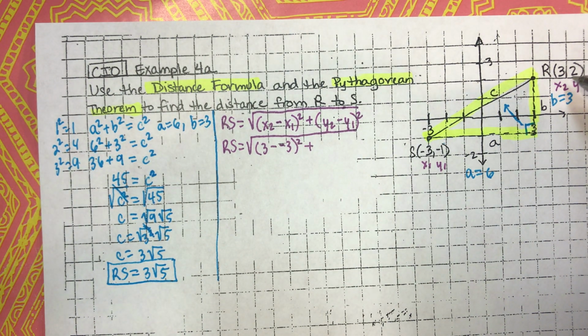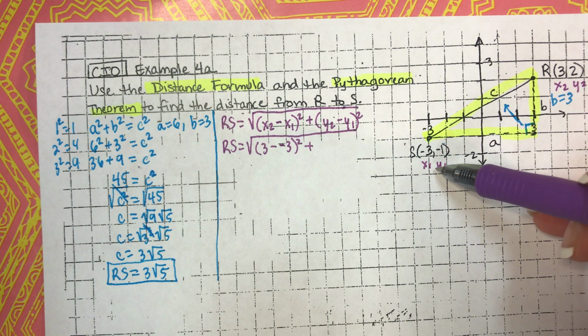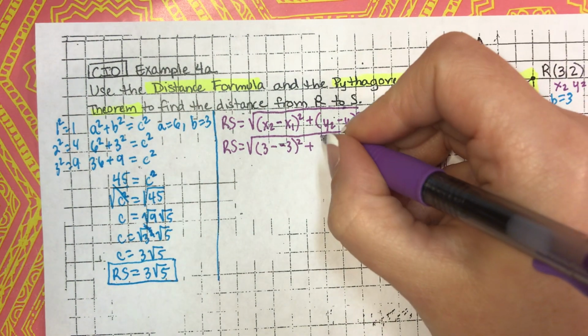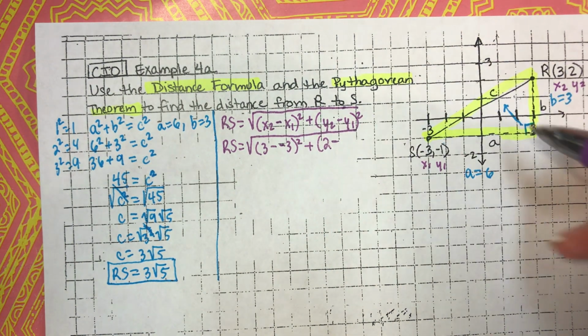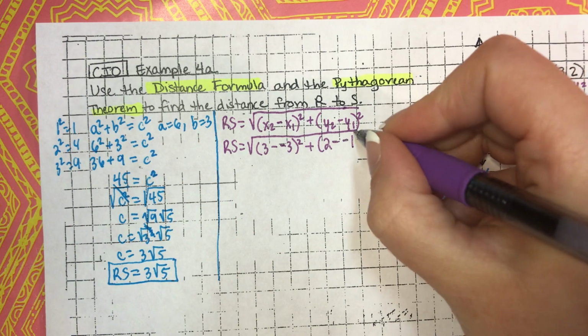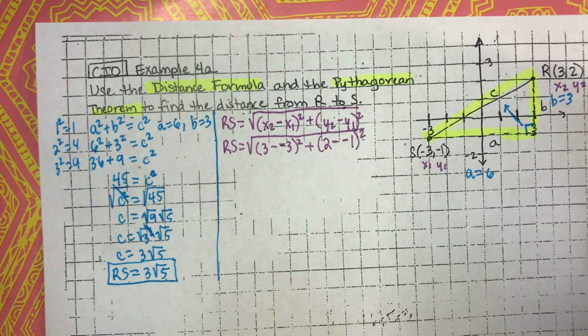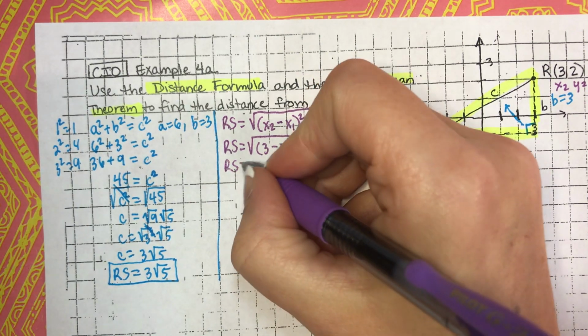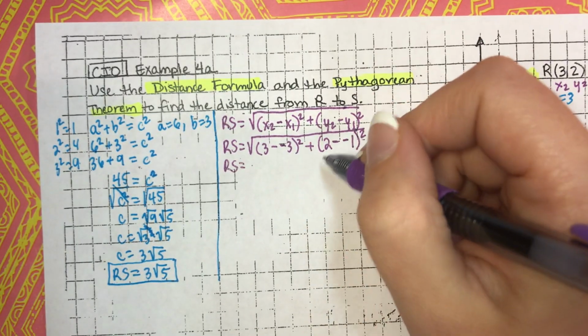Did I do that right? Yeah, x2, 3 minus x1 is -3. All right, cool. y2 is 2, minus y1 is -1, squared. All right, perfect. What are we going to do? We are going to simplify this.